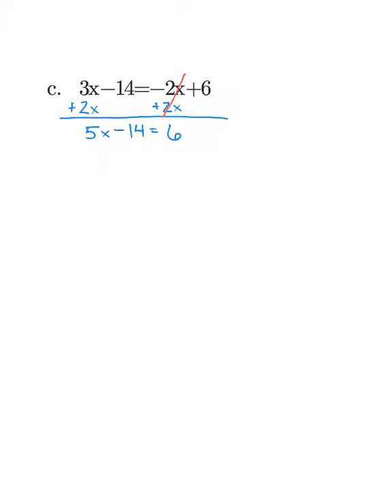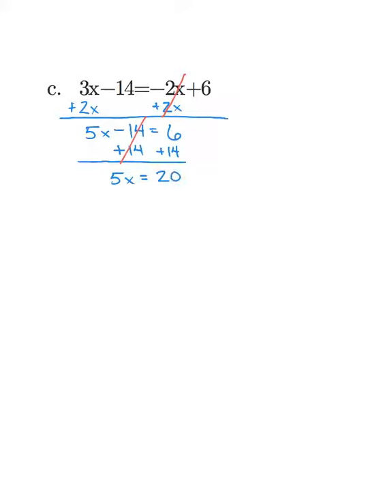To get rid of minus 14, I want to do the opposite, so I'm going to add 14 to both sides. If we do this, our 14's cancel on the left, leaving me with just 5x. And on the right, I have 6 plus 14 is equal to 20.